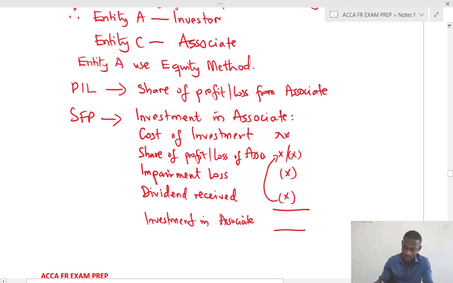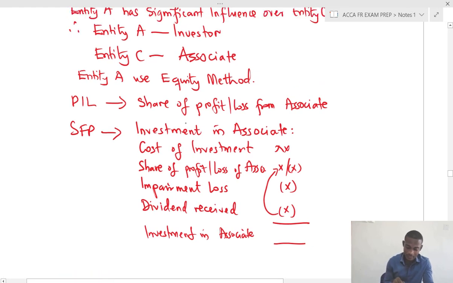Additionally, note that if there is an impairment of the investment in associate, that impairment is also deducted in the P&L. So deduct from profit of associate.